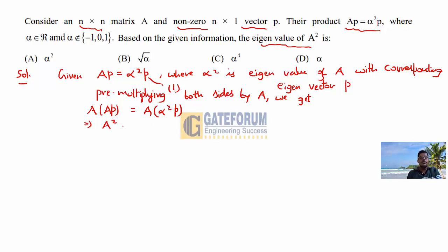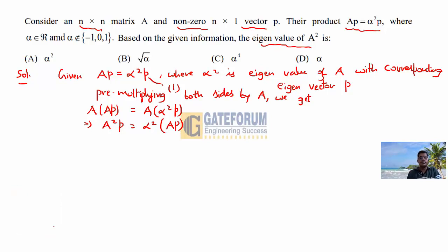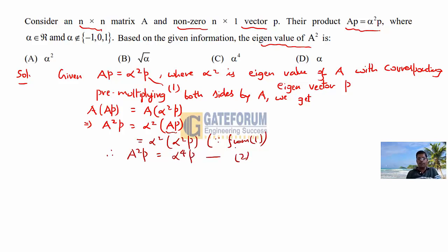So this is A square into P equals alpha square times A into P. Just observe from equation 1, I can use AP is equal to alpha square P. So therefore A square into P is equal to alpha power 4 into P. Let us say equation 2.